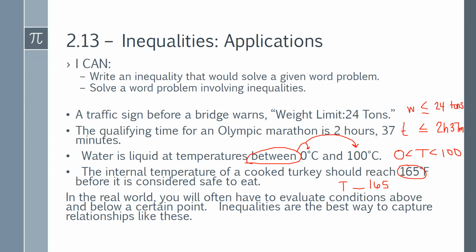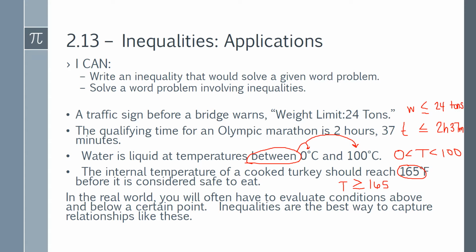Now the question is, does the temperature need to be greater than or less than 165? Think about what it should be. I want my turkey to be any number greater than 165. 166 is good. And if it helps, think of an absurd number, like 10. Put 10 in. I don't want my turkey to be 10 degrees. That's not going to be safe to eat. That's raw turkey.